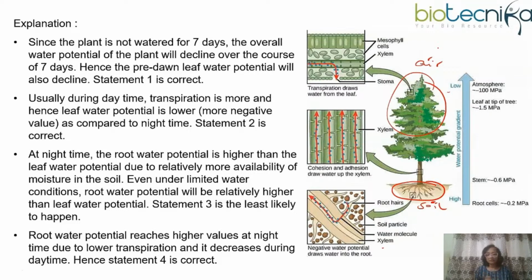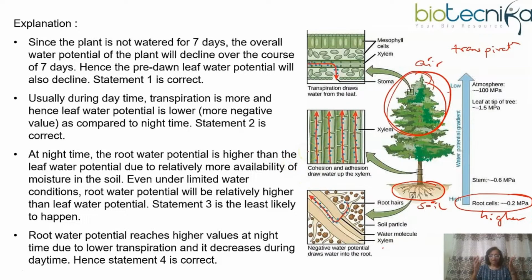And when roots take up water from the soil, it's usually the root cells which have a relatively higher water potential as compared to the leaves where the transpiration process is taking place. Transpiration is taking place at the leaves, and from the leaves the water goes back to the atmosphere in the form of water vapor.